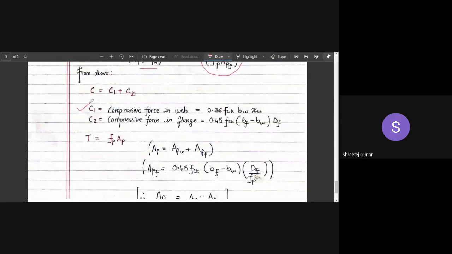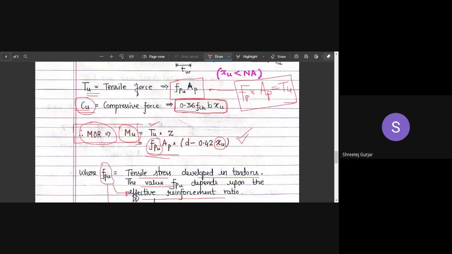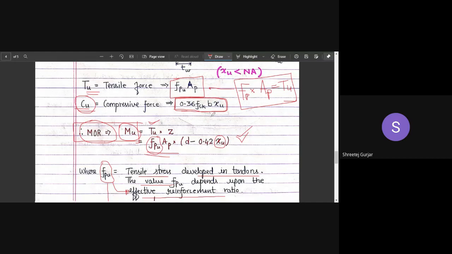Compressive force in the web is equal to 0.3 FCK B into XU, the same thing we did in the previous derivation. But in the next case, when we are solving, B is the breadth of your web.